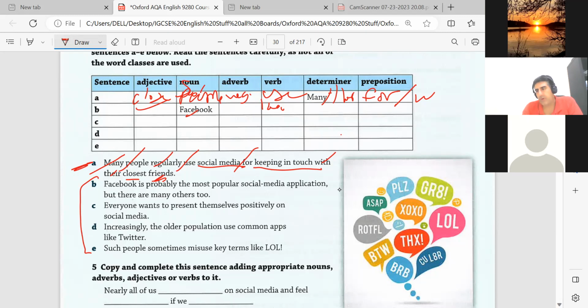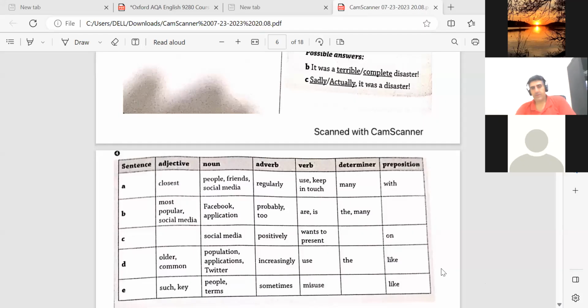Okay. Now I'll show the answer key. And please double check your answers. If you have any mistakes, let me know. Can you see my screen? Yes.